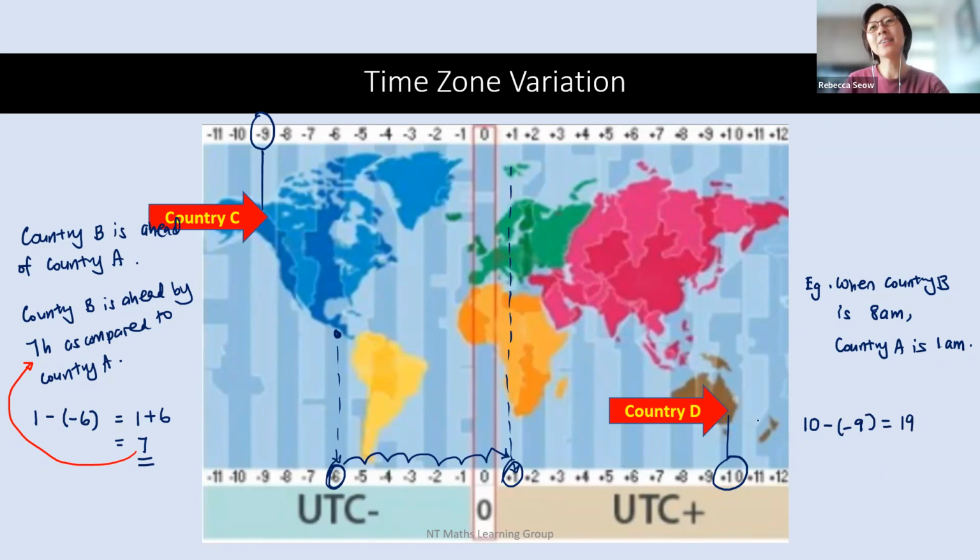So someone in Australia compared to someone in North America, the difference in time in these two places would be 19 hours. That's really far apart, right? Not just that, time difference is also great.